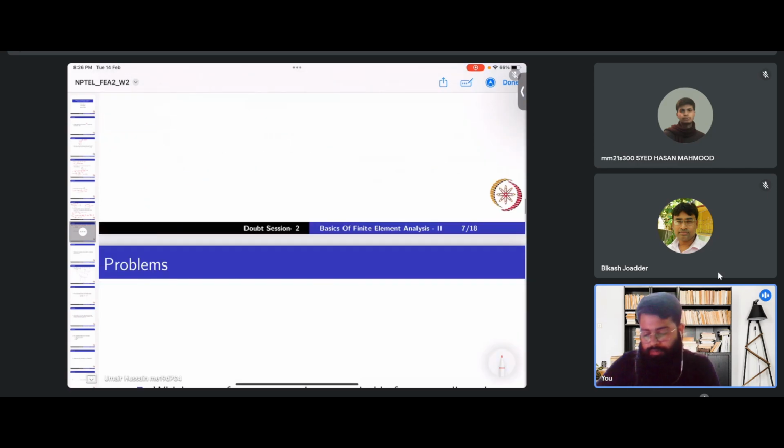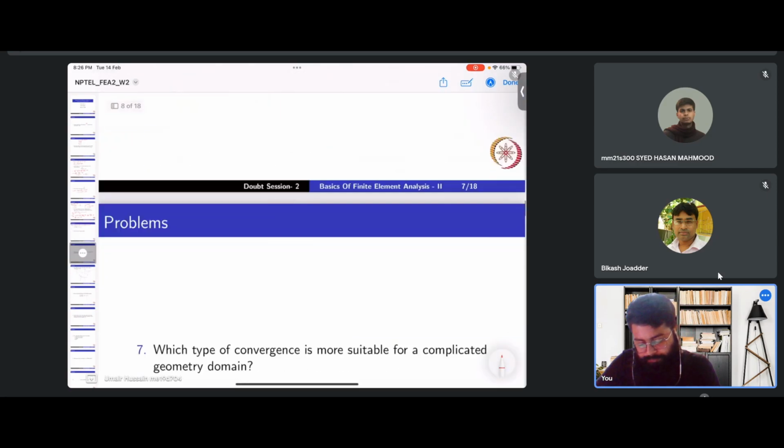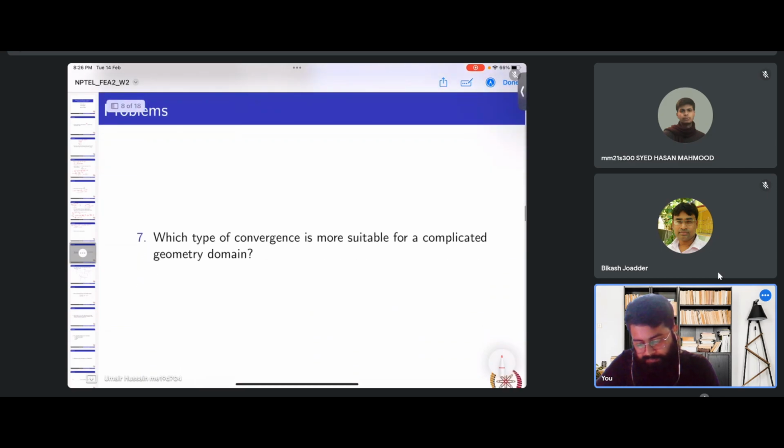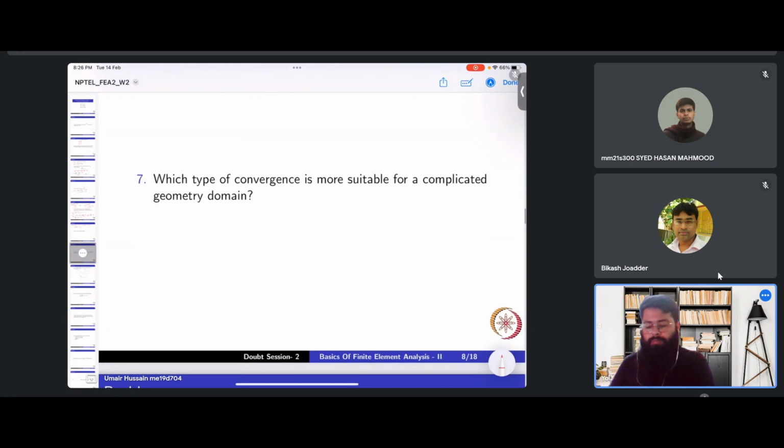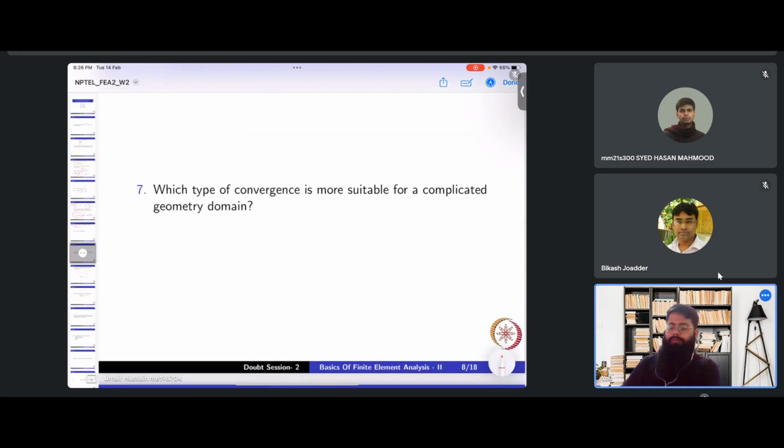Okay, so if there are no doubts, we can move forward. So, which type of convergence is more suitable for a complicated geometry domain?